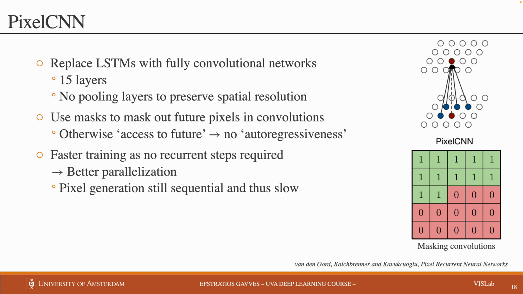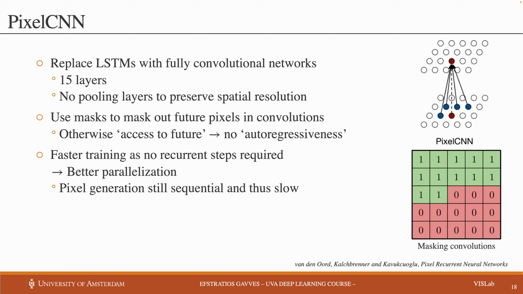PixelCNN goes one step further. You replace LSTMs with fully convolutional networks, so not even considering very far away pixels. 15 layers, no pooling layers to preserve spatial resolution. You use masks, again like with MADE, to mask out future pixels in convolutions.